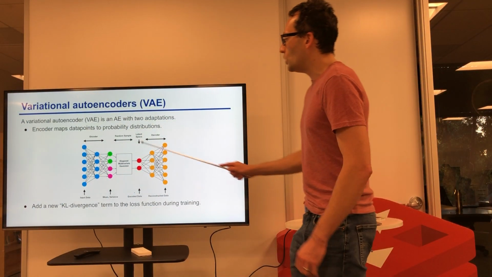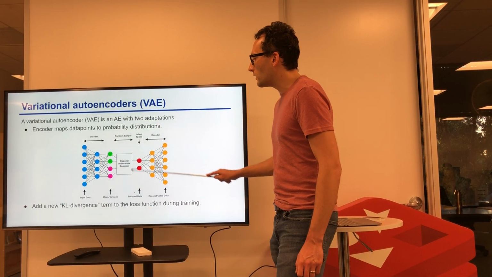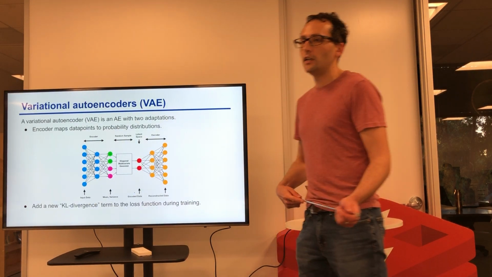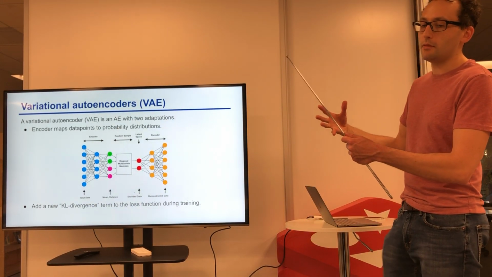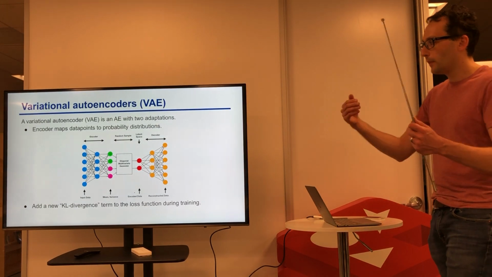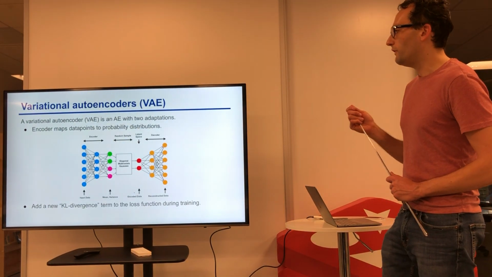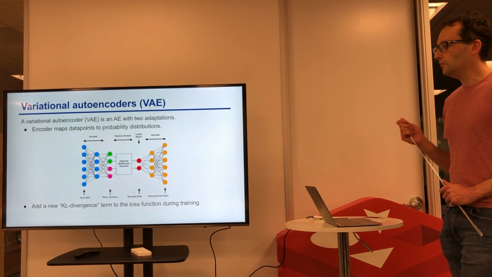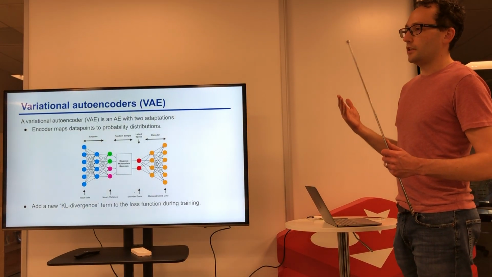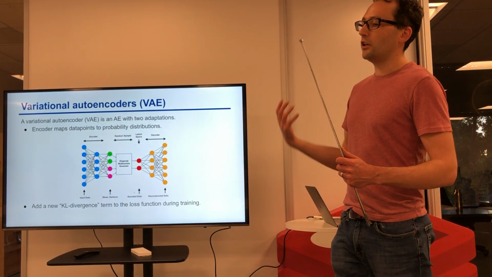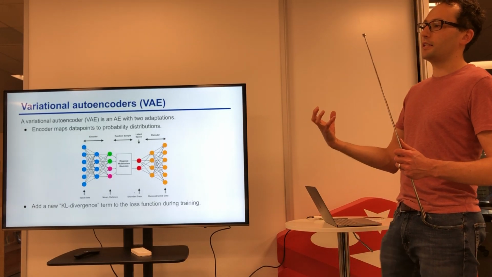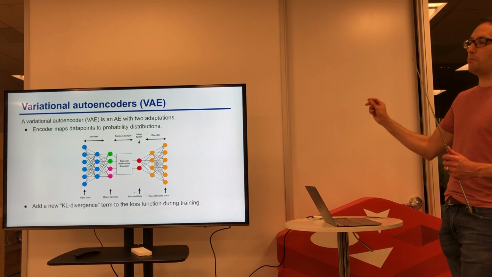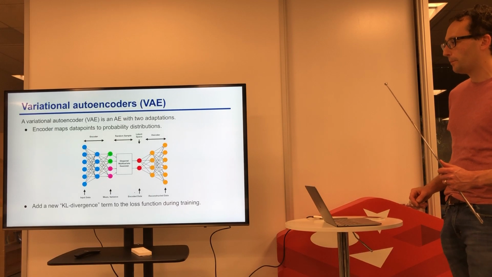Then using those, we do a random sample to generate the latent variable that will be the compressed image of the original data point. And then we take that result and feed it through a decoder. So that is the first difference. The encodings are now kind of fuzzy objects that are fixed to a particular value through a random draw.